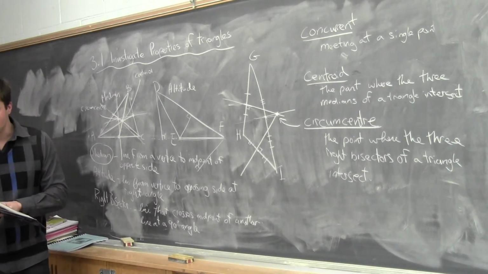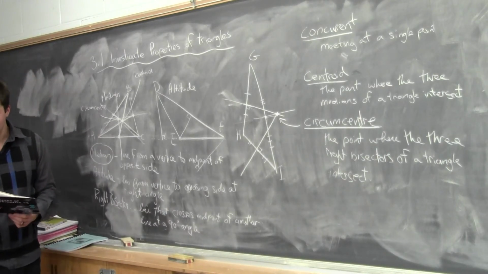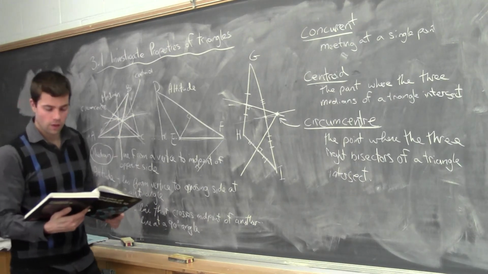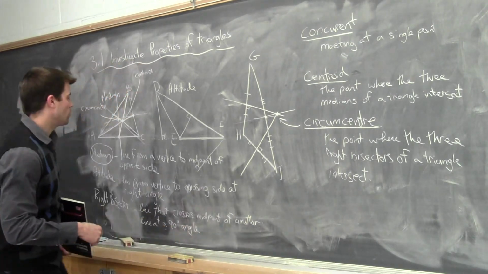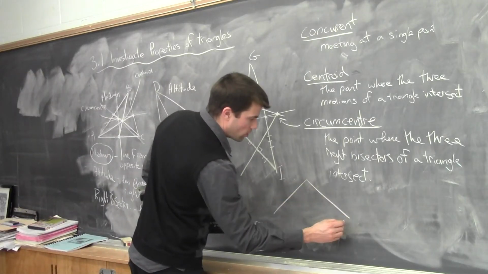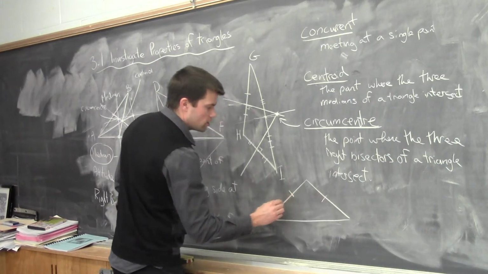Okay, so the key concepts for section 3.1 is that we're looking specifically at an isosceles triangle. Okay, and if we look at an isosceles triangle, as we know, an isosceles triangle has two sides that are equal. These two sides are equal.